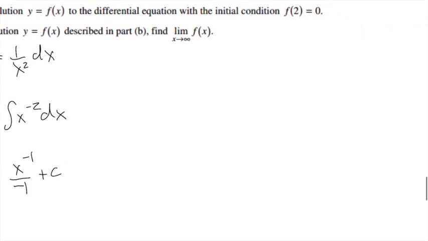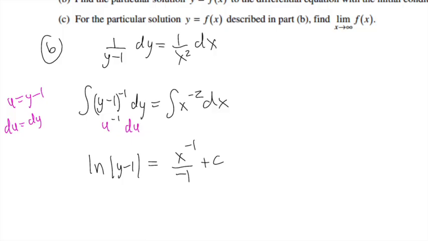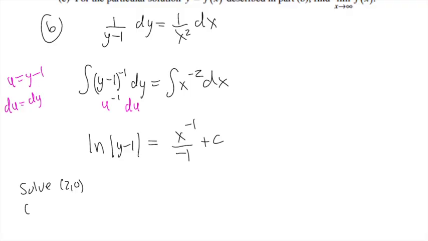Now, our initial condition is 2, comma 0, so we're going to solve for c by using 2, comma 0. So this will be log of 0 minus 1 equals negative 1 over 2 plus c.